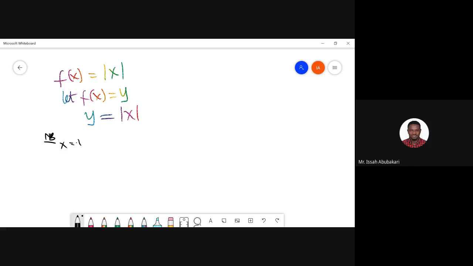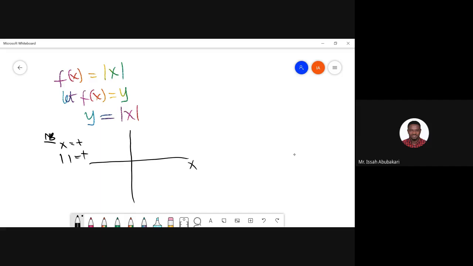The sign is positive, right? And the absolute itself, the bracket, is also positive, right? So if it is positive and the variable in the absolute is also positive, then we can have our graph look like this. It's very simple.